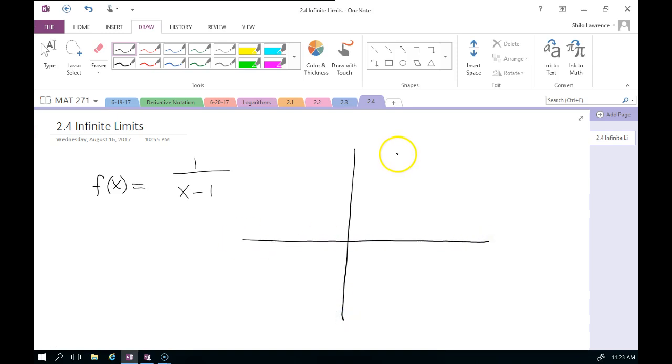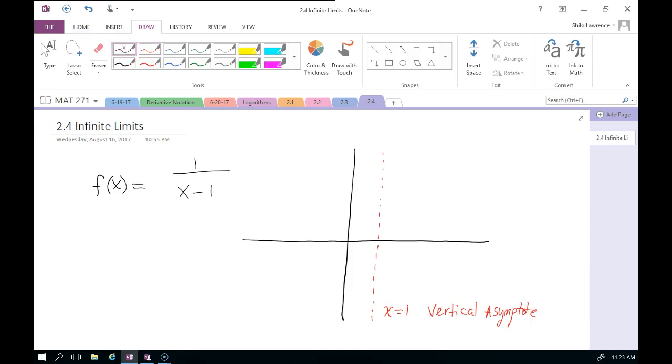One over x minus 1 has a vertical asymptote at x equals 1. And we'll talk more about that in a few minutes.